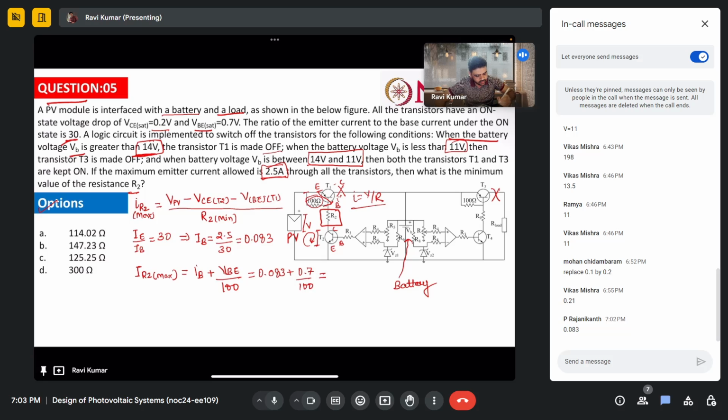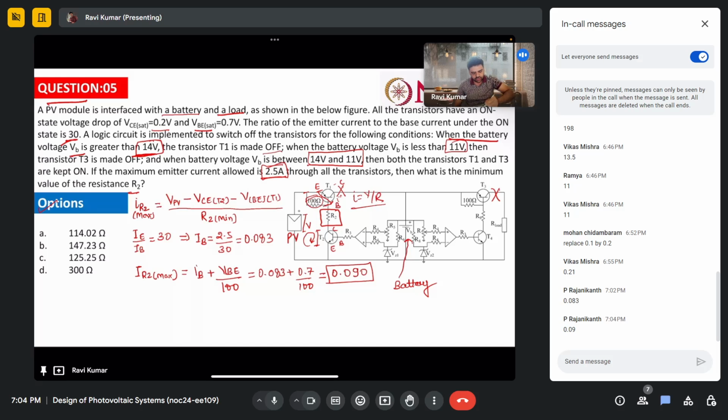How much is it coming? 0.7 divided by 100 plus 0.083 is 0.09, and if we consider more digits, it will be 0 only. So this is the IR2 maximum.